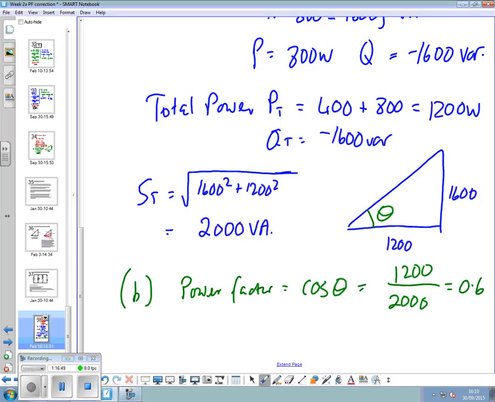Okay, so in its initial state, the power factor is 0.6. What did the next part of that question say, Danny?